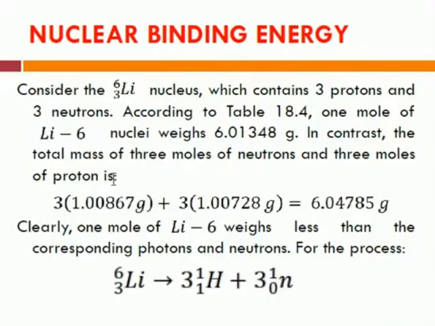So since we have 3 protons and 3 neutrons, we're going to multiply their nuclear masses by the number of neutrons and the number of protons.